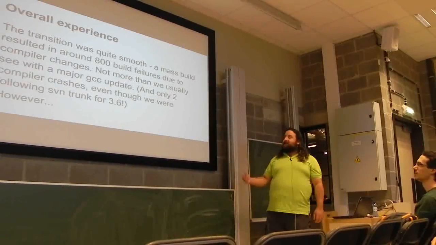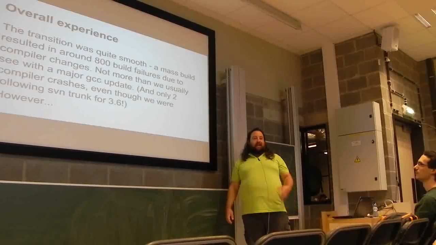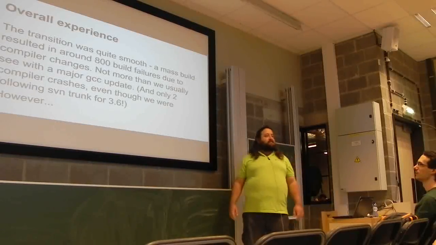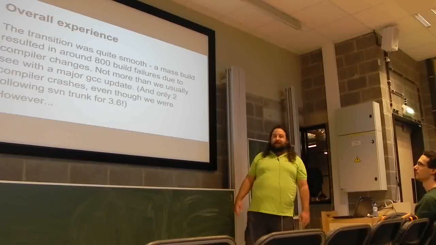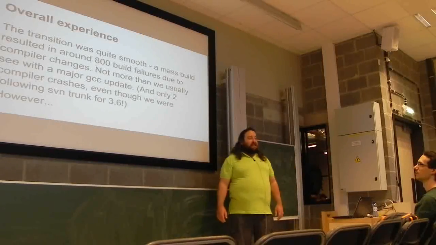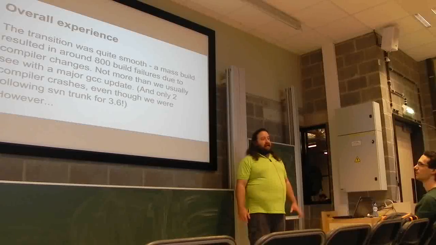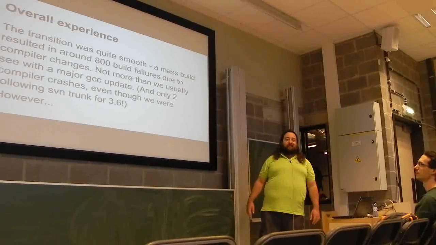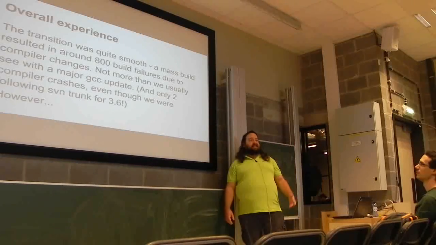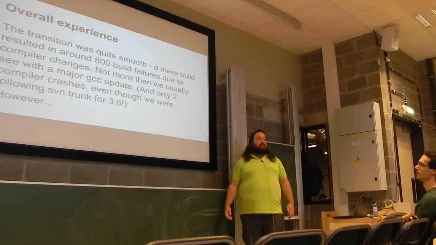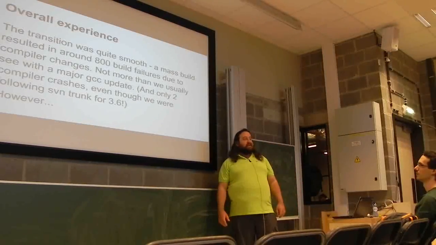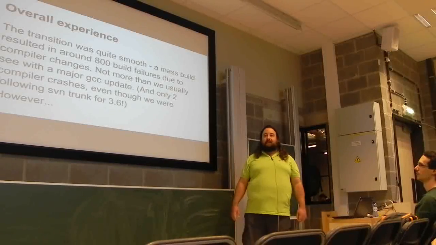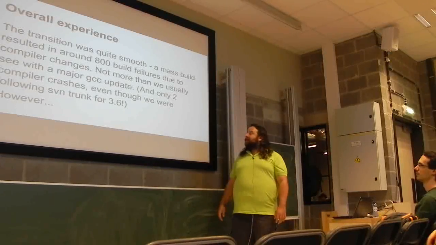Overall, we didn't have many problems. We ran a mass build of our around 20,000 packages, and around 800 builds failed because of compiler changes. That may sound like a big number, but it's not actually if you compare it to the update from GCC 4.6 to 4.7 or 4.7 to 4.8. The number of failing packages because of compiler changes was always around that number.